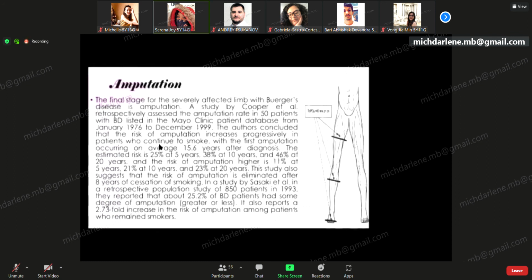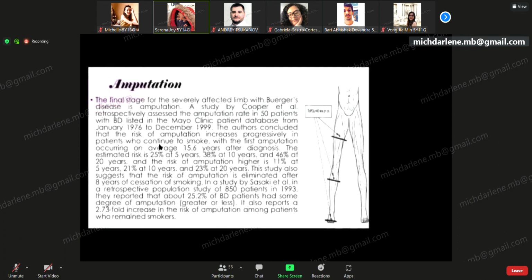And the risk of major amputation is 11% at 5 years, 21% at 10 years and 23% at 20 years. This study also suggests that the risk of amputation is eliminated after 8 years of cessation of smoking.